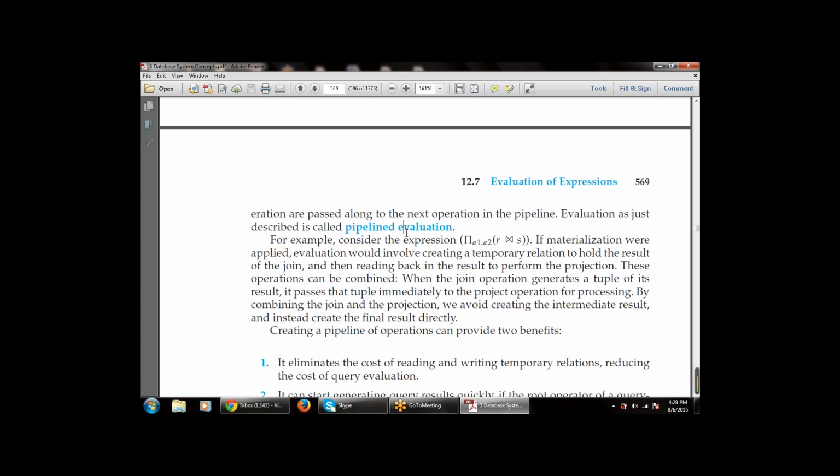That means the output of one expression becomes the input of the next expression, and so on. That is pipelining. This is one example, using sigma and pi.